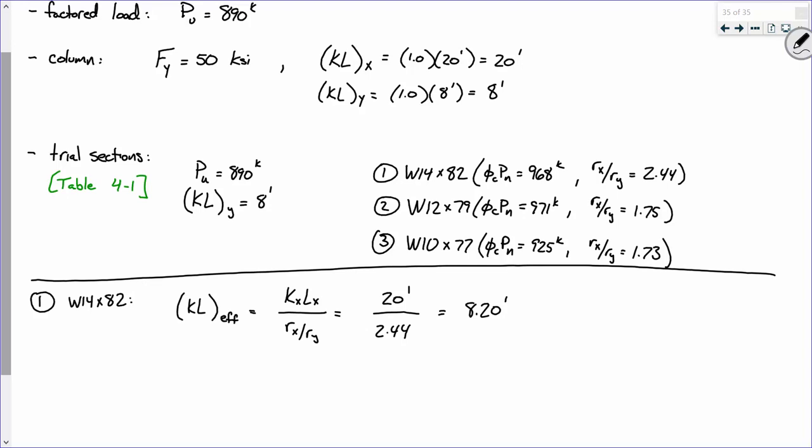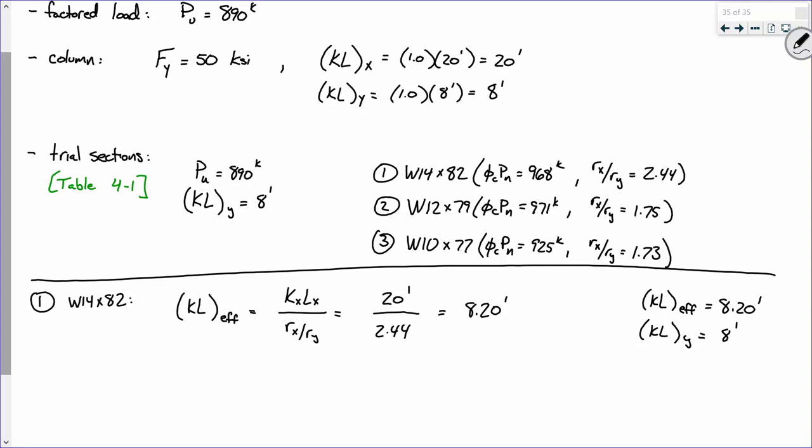Remember when we did that analysis example, we had KL over R for all those different segments, and the largest KL over R governed, and on that example it was actually the strong axis? That'll happen on this one too. So is everybody okay with that? Does that make sense? We have KL effective is 8.2 feet, and we have KLY is 8 feet.